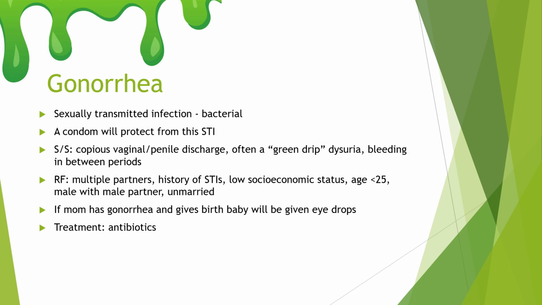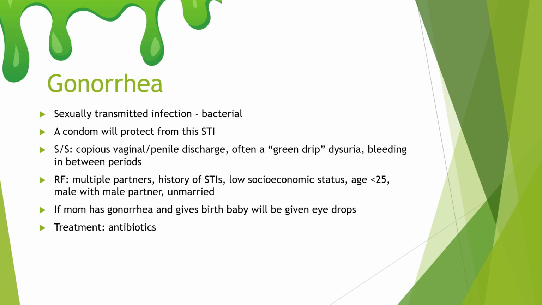Gonorrhea. So this is a sexually transmitted infection that is bacterial. A condom will protect from this STI. Signs and symptoms are copious vaginal or penile discharge. It's often that classic green drip, hence me putting a green drip of paint on the left side of this slide. You're welcome. Bleeding in between periods.